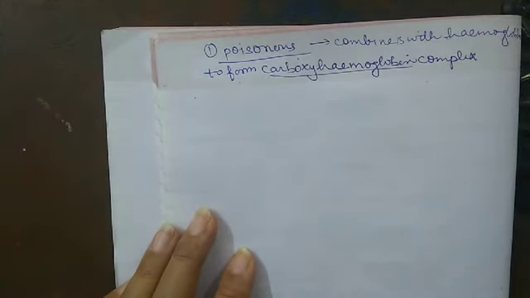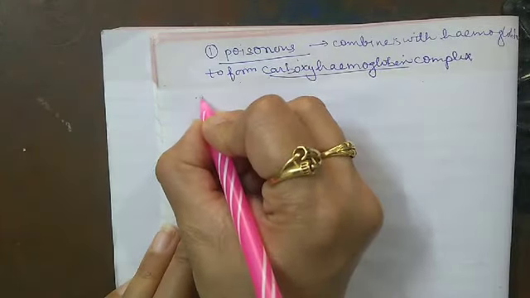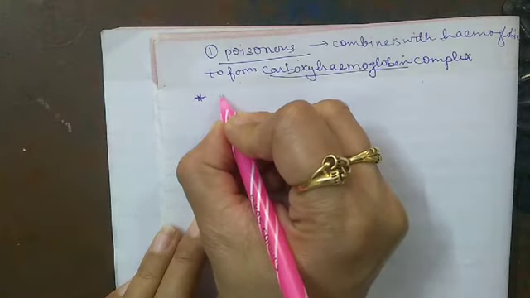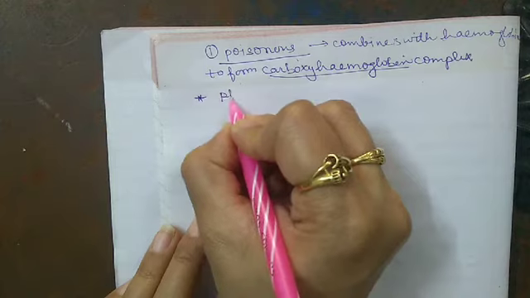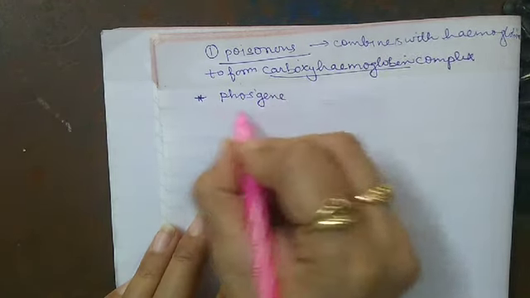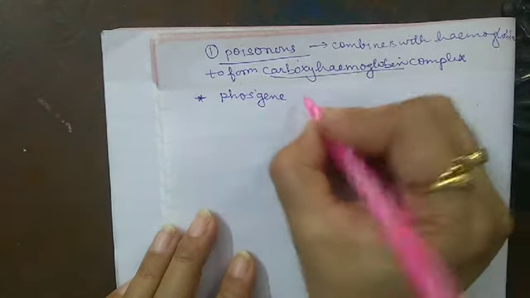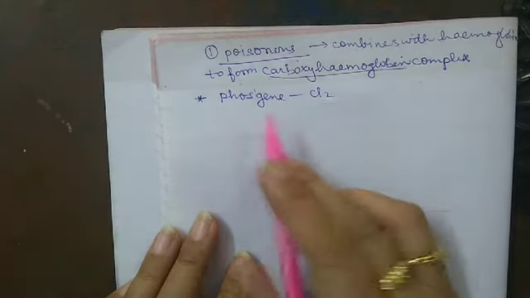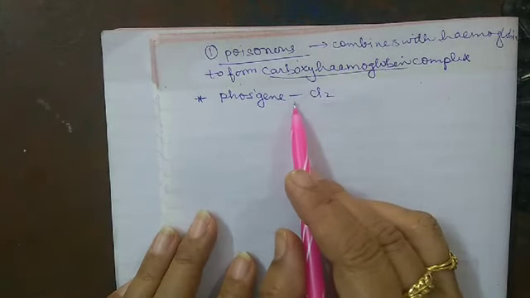Now the next chemical property is that it gives phosgene when it reacts with chlorine in sunlight.